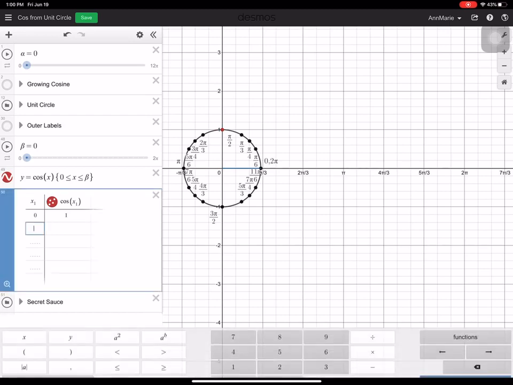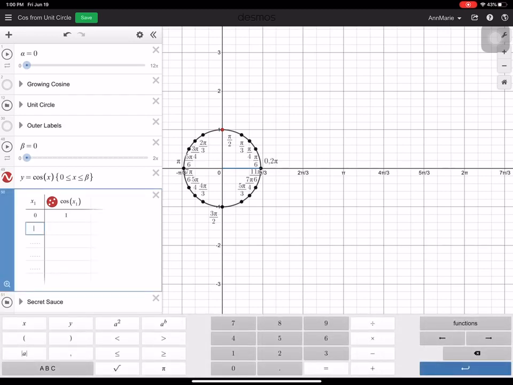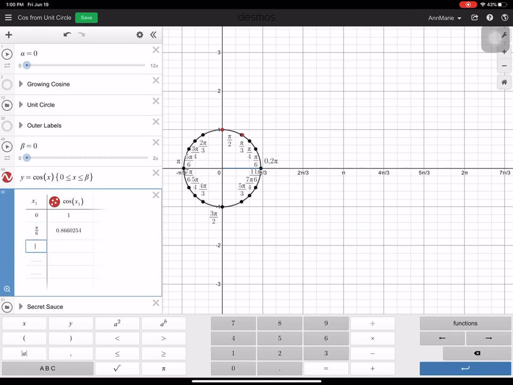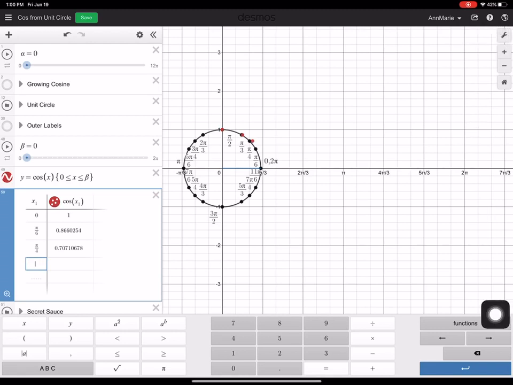I'm going to move along my unit circle. Before I do that, let's put some values in this table here. Let's put pi over 6, and Desmos is going to calculate for me the cosine of pi over 6. And notice Desmos is also plotting out those points as we go.